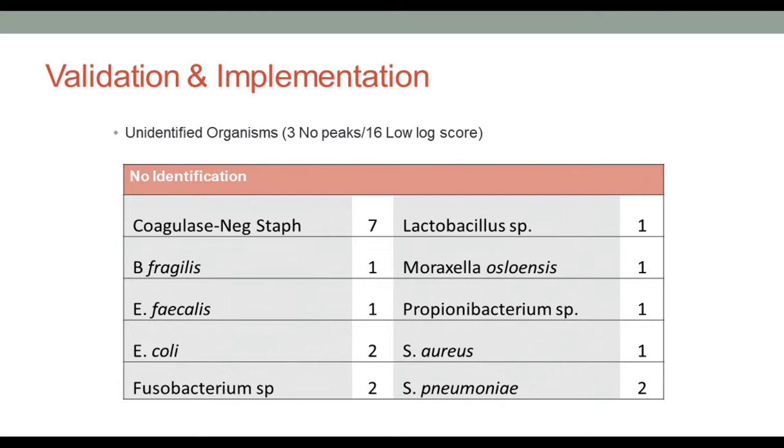Since we're only doing that a couple of times a shift, we need to make sure that they're getting that identification. And then we have to have an organism on a plate in order to do the susceptibility testing. So we are continuing to do a routine blood culture. We're just adding this additional piece in there to help us get a quicker identification. And then the physicians can use that information to adjust their therapy when it's appropriate.